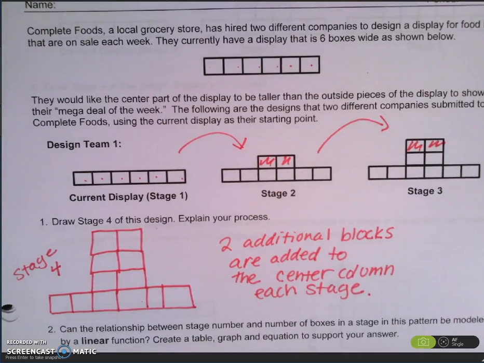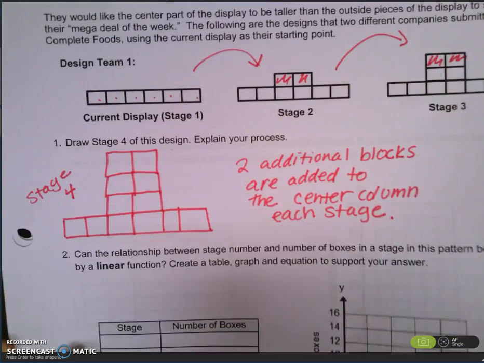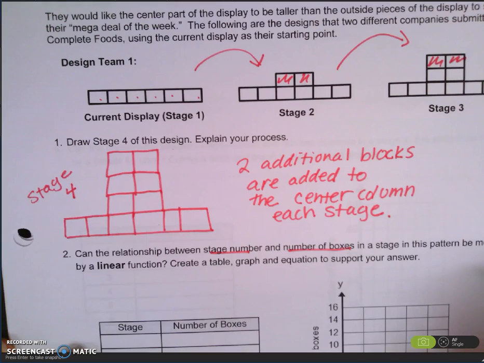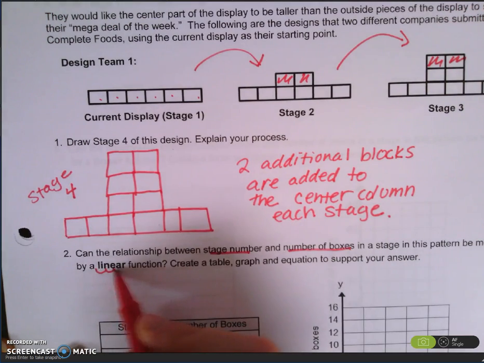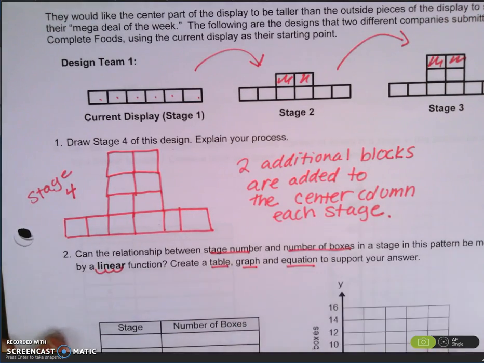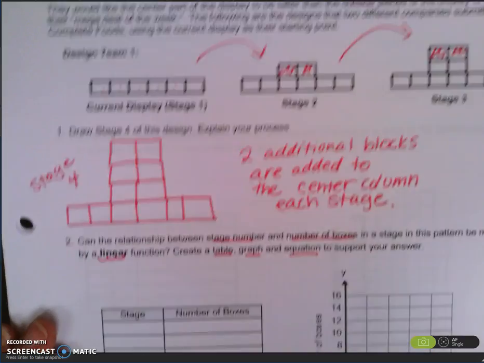Excellent. So let's continue looking at this. Can the relationship between stage number and number of boxes in a stage in this pattern be modeled by a linear function? Create a table, graph, and equation to support your answer. Let's first look at the table.